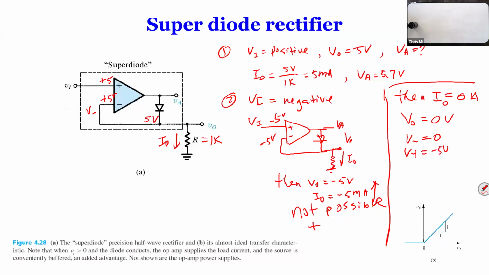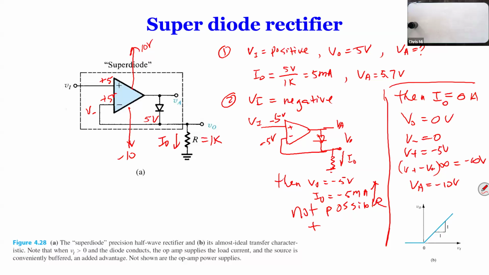So now V plus minus V minus is going to be minus 5. You multiply by the gain, which is infinity. For a real op-amp, it won't go to negative infinity, but to saturation. If the supply voltage is 10 volts, then the output is negative 10 volts, so VA is going to go to negative 10 volts.